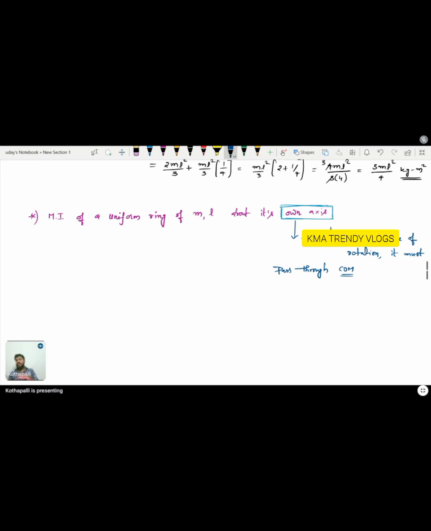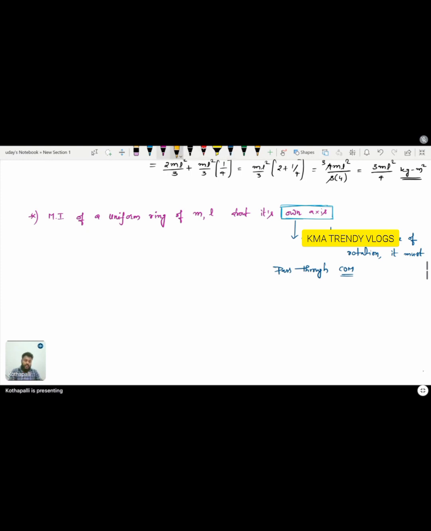But for a disc, rod or sheet, it won't be the same. If I take a disc or a ring, the axis passing through the center and perpendicular to the plane will be the only possible case.